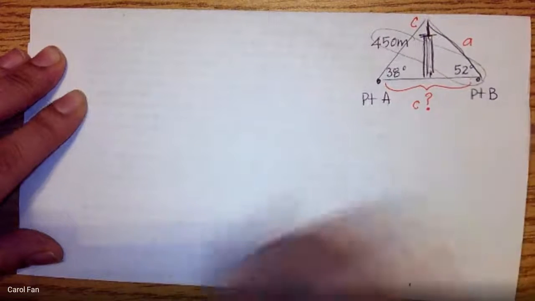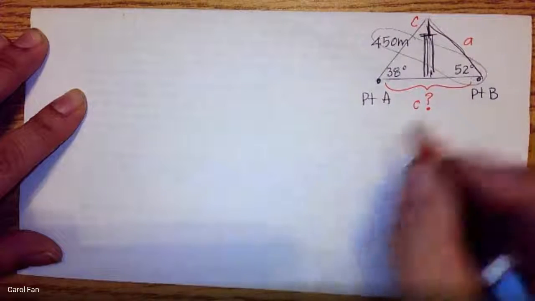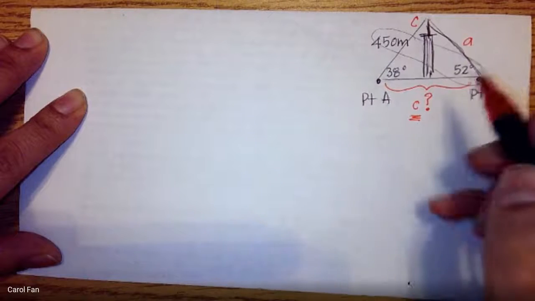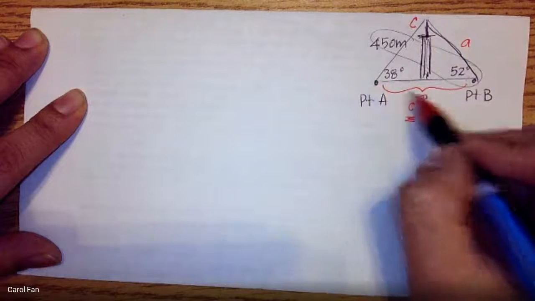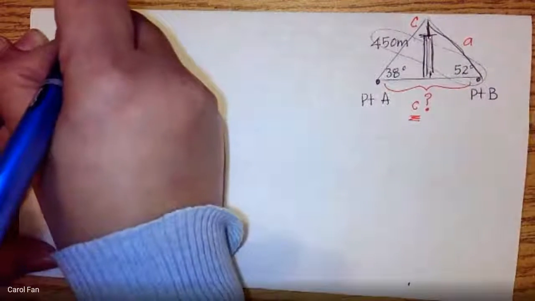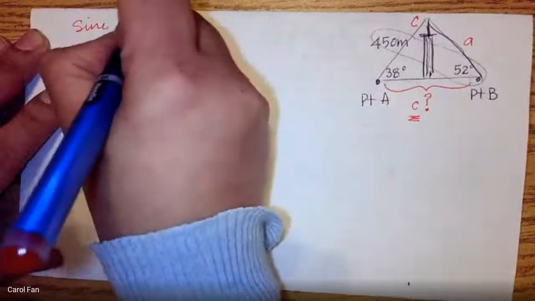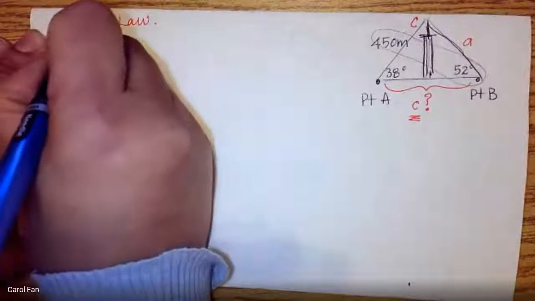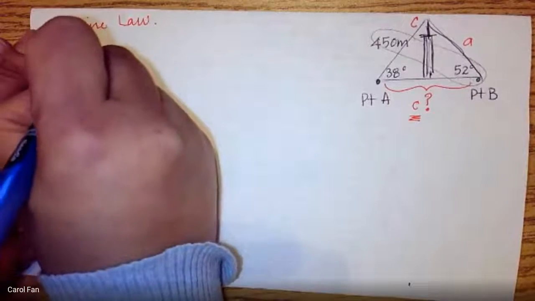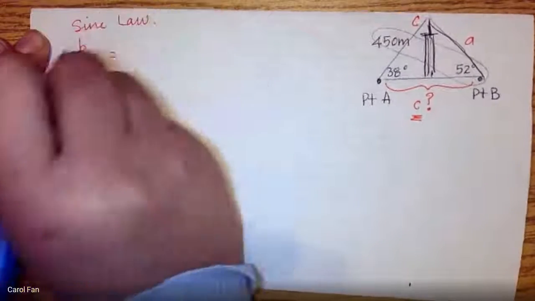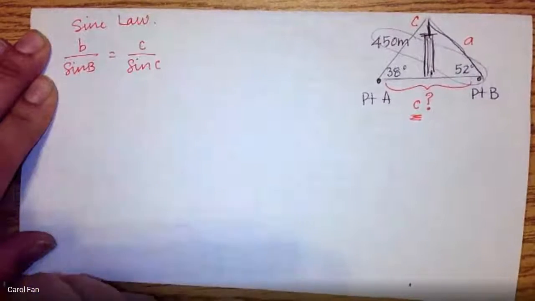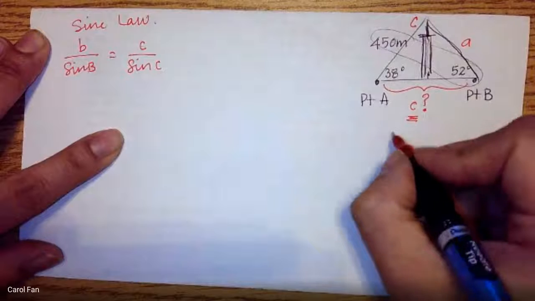So let's rewrite the question. Since I'm looking for little c and I have one complete pair, I know that I'm going to use the sine law. So we have b over sine B is equal to c over sine C. Now let's sort out the information that I have.